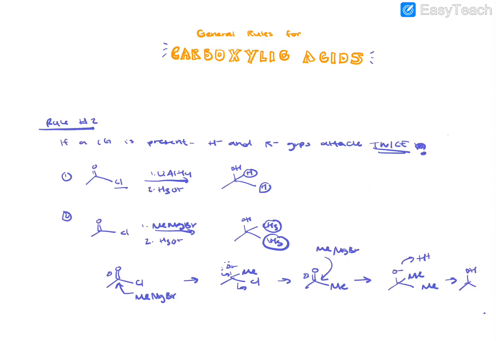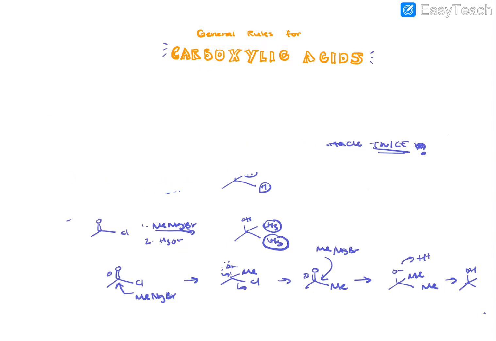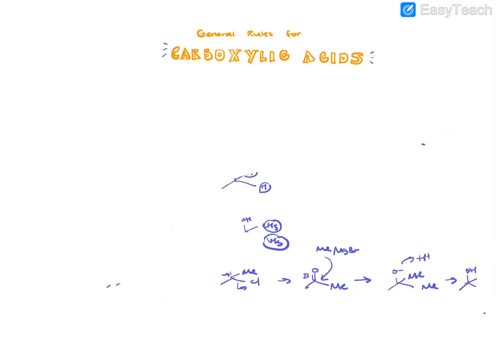And that's how we get our final end result. Okay, so those are our 2 big rules that will be applied with all acid chlorides and just understanding how you're going to predict the product for them. The last thing I want to do in this video is quickly go over a general outline of the reaction.